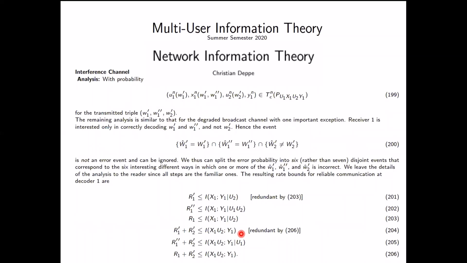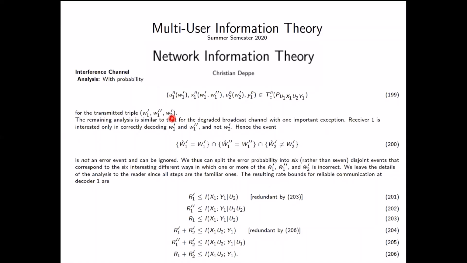Now we have to do the analysis. And because we do so many analyses, I also will give you the idea again. So the idea starts with this, with probability 1 we will have that the thing is typical and everything is fine. Not everything. Now we have to look at what kind of errors can happen. So we look at this triple W1', W12', and W2'.